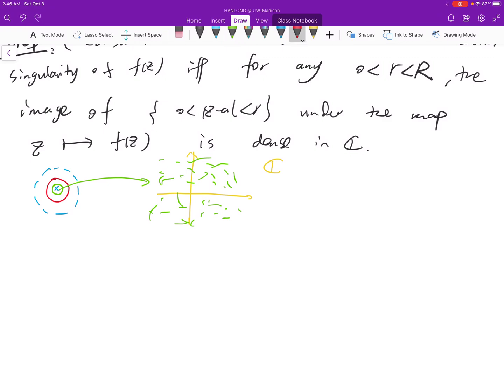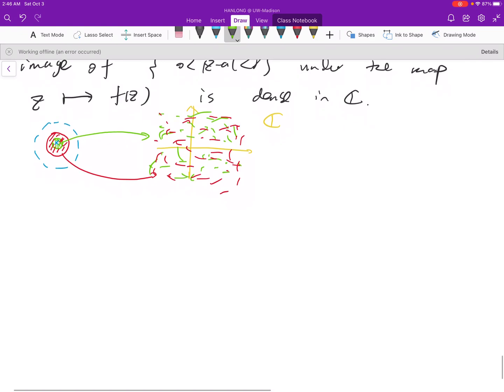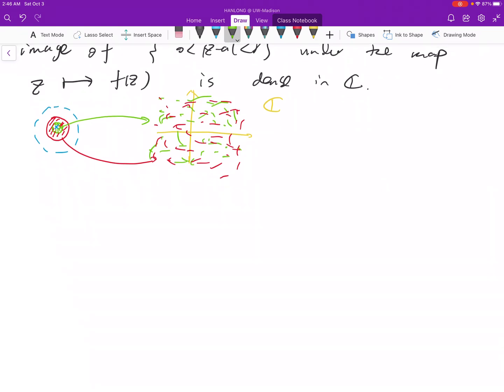And the same thing for a. Actually, here is the punctured disk, and the punctured disk inside as well. So that's a geometric understanding of the theorem.